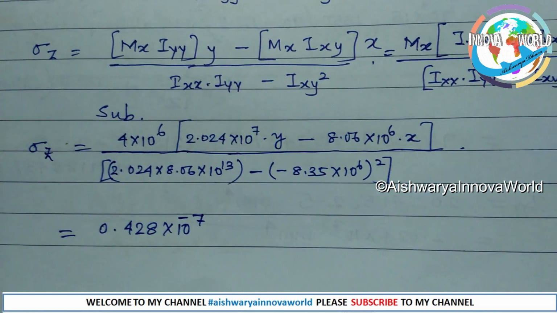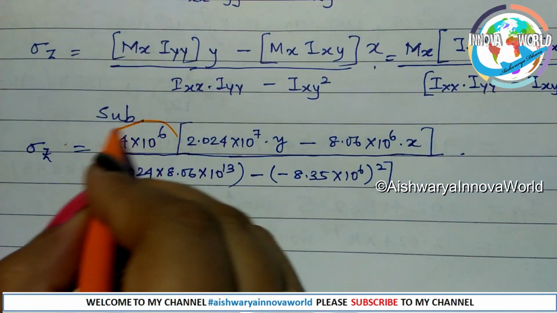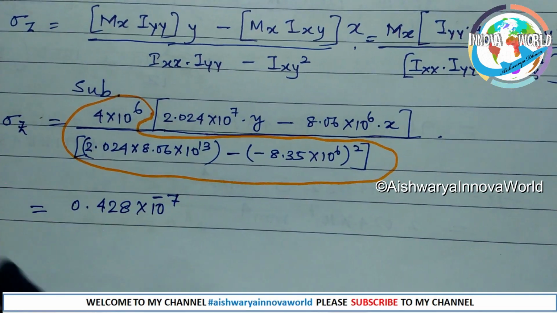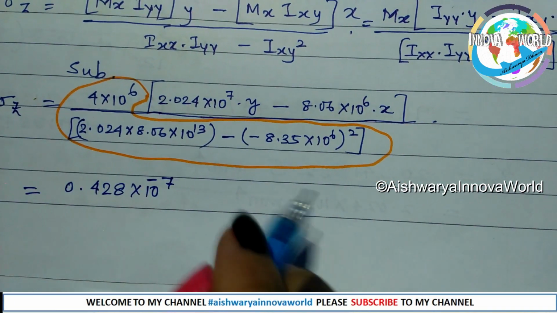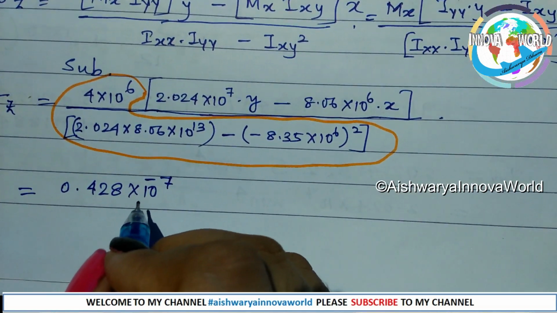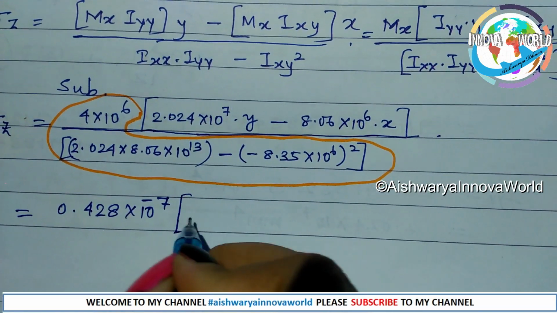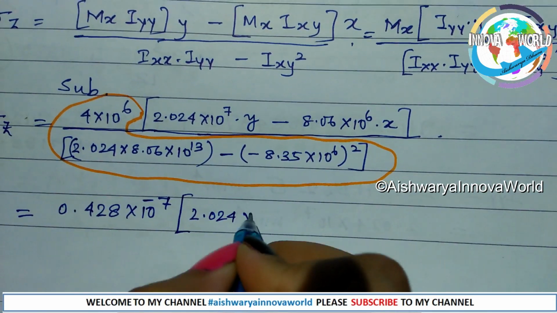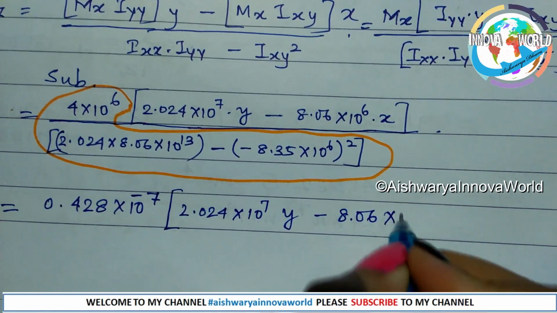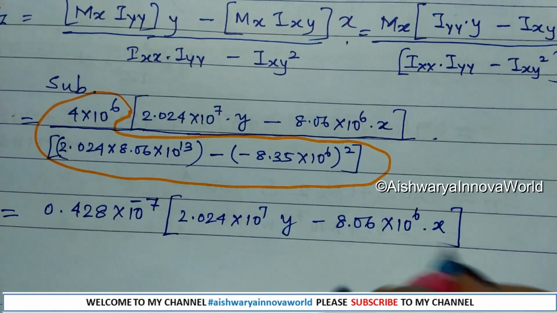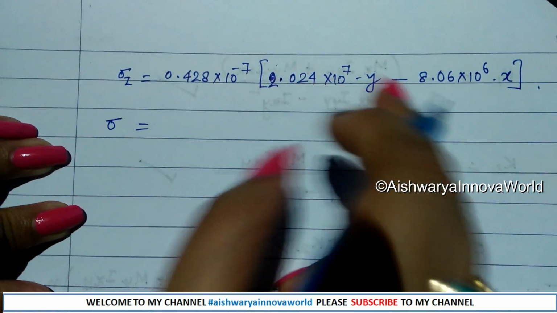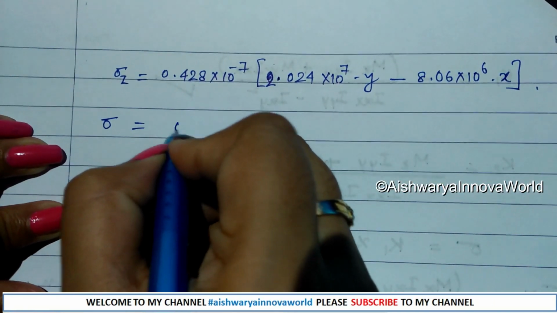When you simplify only these terms, you get 0.428 into 10 power minus 7, into 2.024 into 10 power 7 y minus 8.06 into 10 power 6 into x. Now if you solve this, multiplying this term into this term and this term into this term, you get 0.